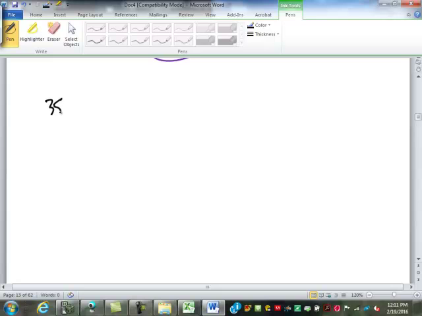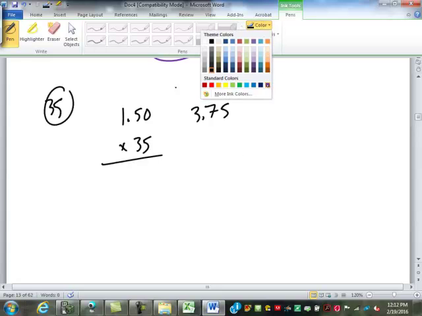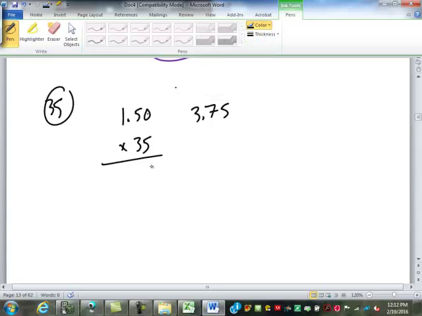35. Cost of medication is $1.50 per tablet, plus a $3.75 processing fee. How much for 35 tablets? So 35 times $1.50. 5 times 0 is 0. 5 times 5 is 25, so 5, carry the 2. 5 times 2 is 10, plus 5 times 1 is 5, plus 2 is 7.